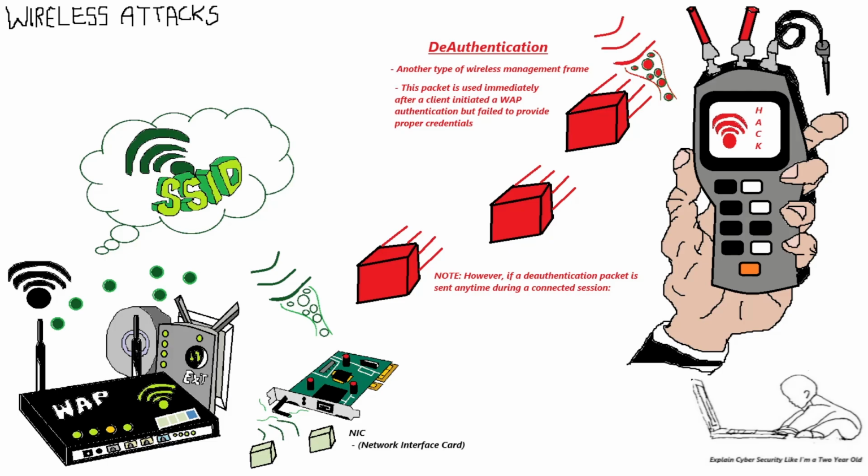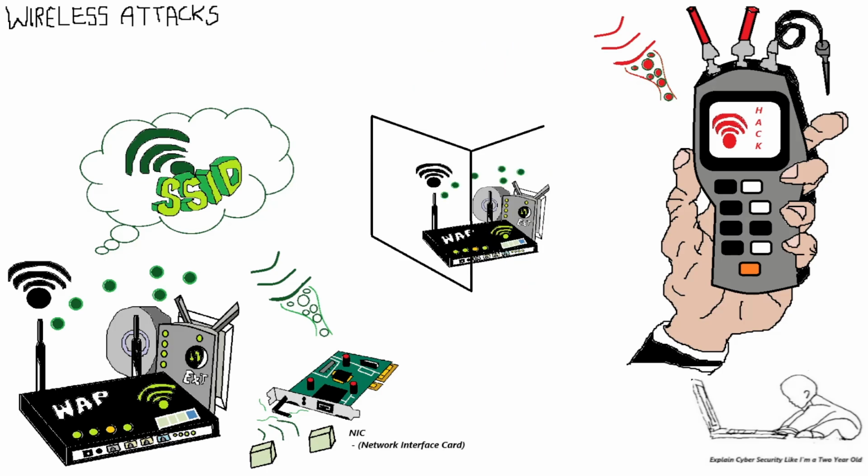Additionally, if an attacker sent a malicious deauthentication packet to a wireless client who was already connected to a wireless access point, this deauthentication frame would disconnect the client as if the authentication failed.